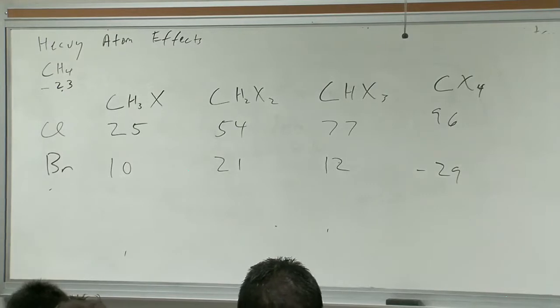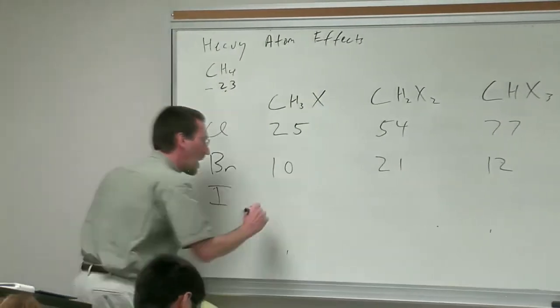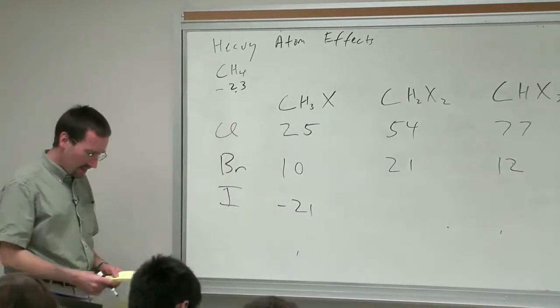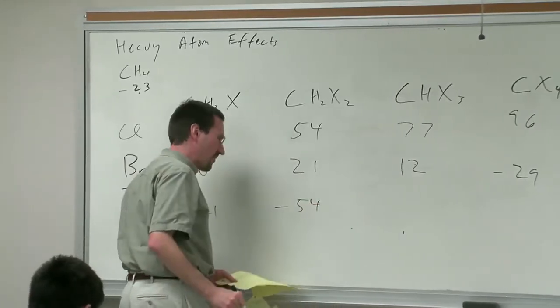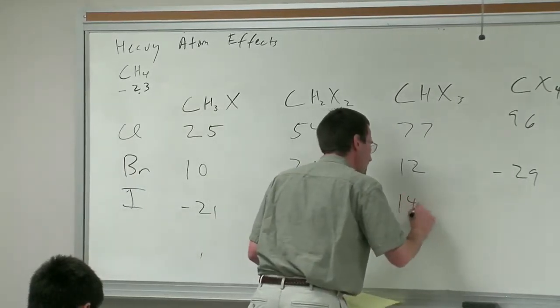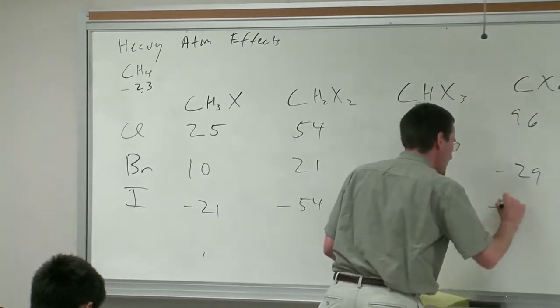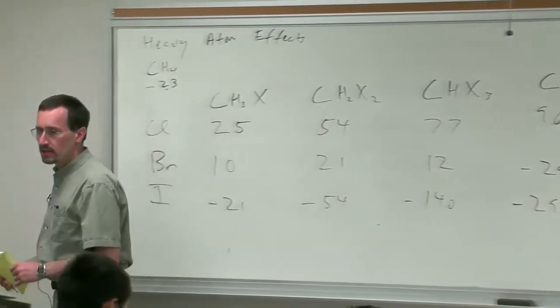And then iodine gets downright funky. So iodine, iodomethane is at -21. Diiodomethane is at -54. Triiodomethane is at -140. And tetraiodomethane is at -292.